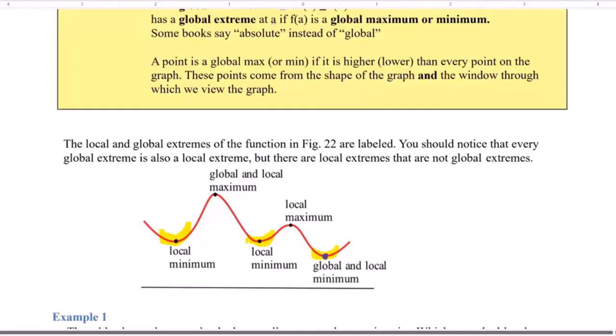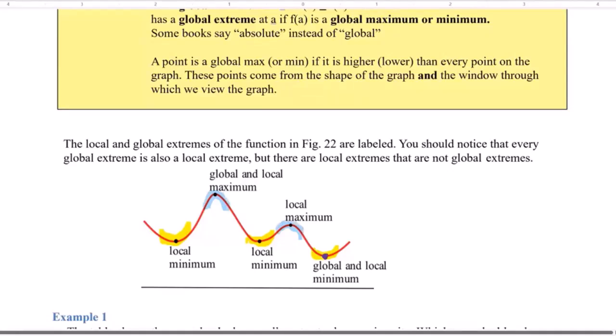If we look at maximums, this is a local maximum. This is a local maximum. If you have a local maximum, it means that you know what comes before it and what comes after it. So endpoints don't count. We're only talking about things that we can see start somewhere close by and end somewhere close by.